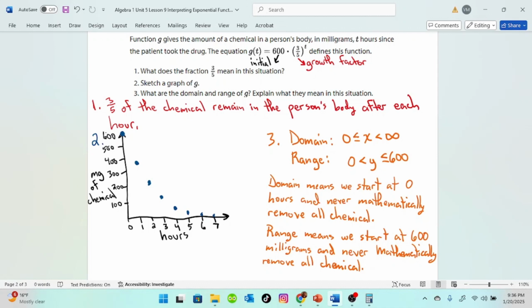Either it actually does completely burn off, or it just gets to an amount that is so incredibly small that we would never be able to measure it. But mathematically, we say this number can never actually hit zero itself because we're always saying there's still 3/5 of what was remaining before. If you have any questions about how to answer this practice problem, please leave a comment below and I'll get back to you with any assistance I can offer.